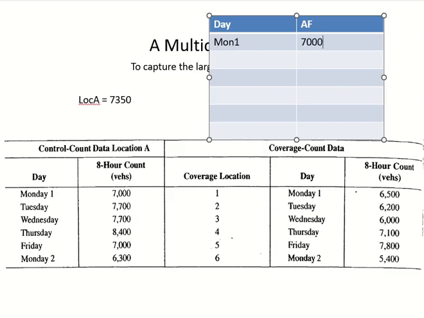So 7,000 divided by 7350. How much is that? 0.952. Okay, the same for the other days. The average will remain the same. You will take the values from the control.